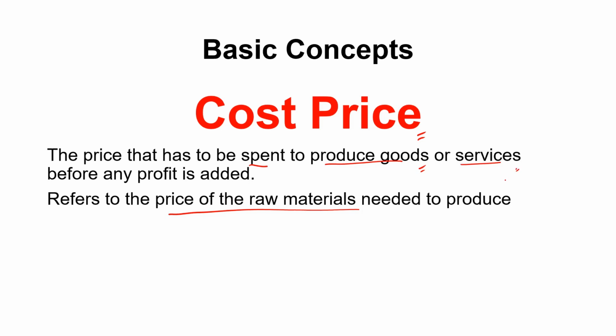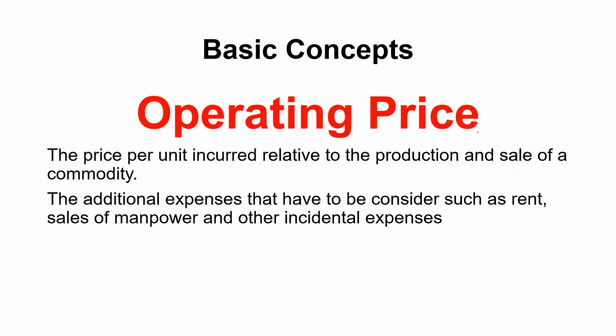Okay po? So let's have operating price. When we say operating price, it is the price per unit incurred relative to the production and sale of a commodity. This is the additional expenses that have to be considered, such as rent, salaries of manpower, and other incidental expenses.